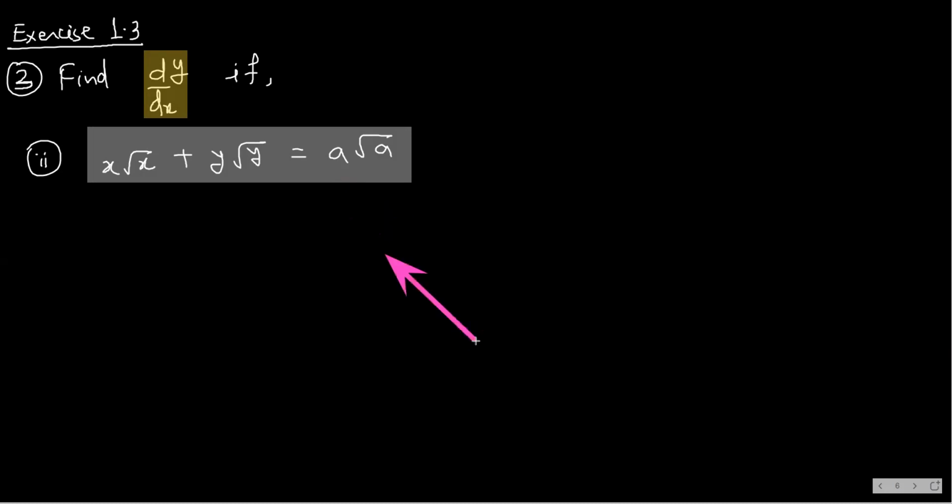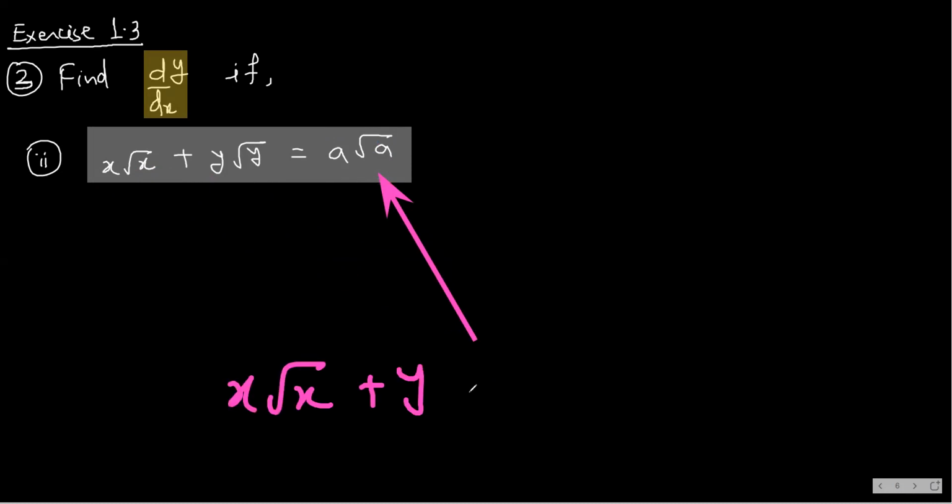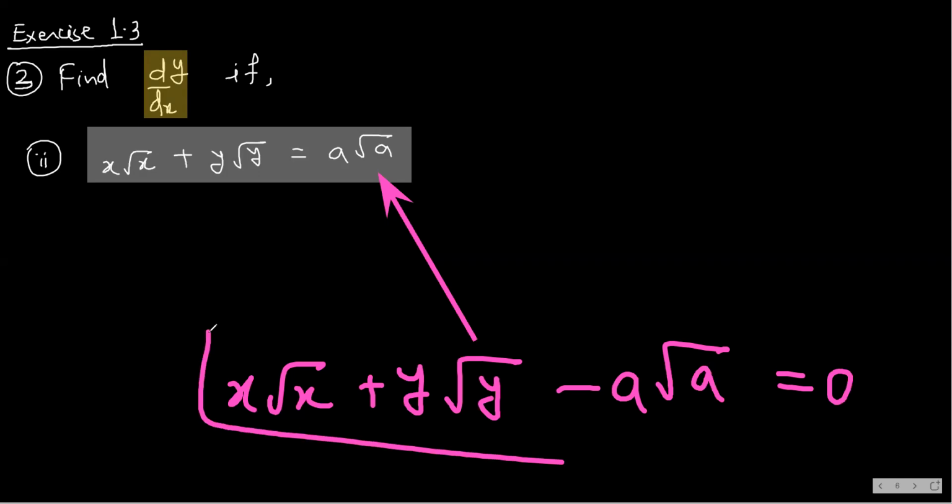Now, if you are thinking how this is an implicit function, let me tell you, if I take this constant a root a to the left, what will happen? It will become x root x plus y root y minus a root a equal to 0. And now what do I see?